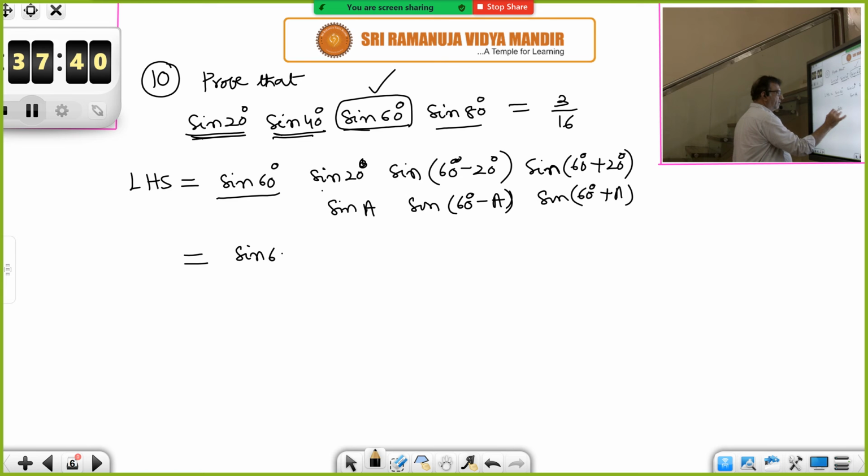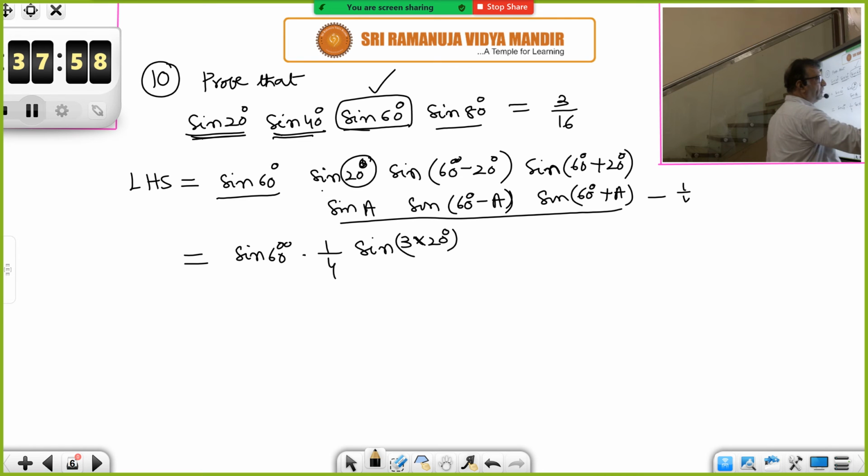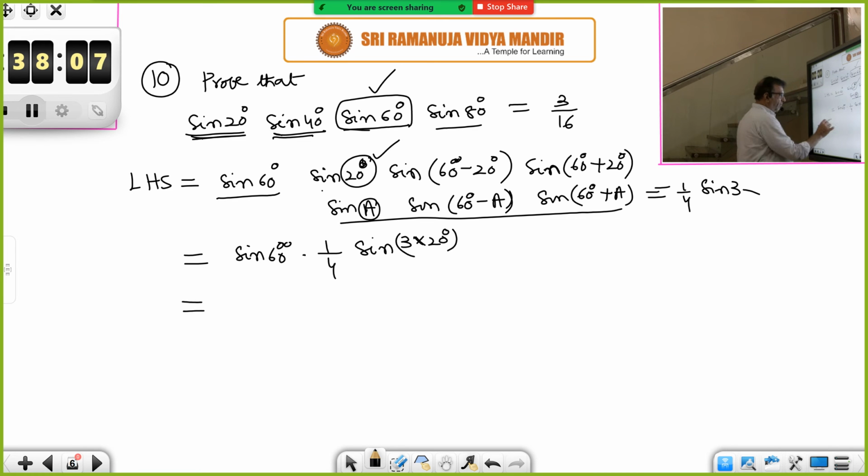Sine 60 into 1 by 4 sin 3A. A means 20 here, so 3 into 20. So 1 by 4 sin 60, sin square 60. 1 by 4, what is sin square 60? 3 by 4.